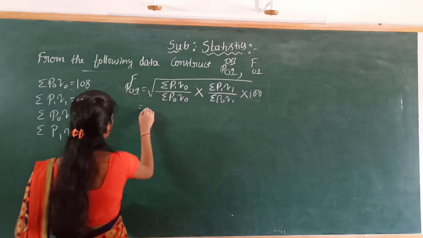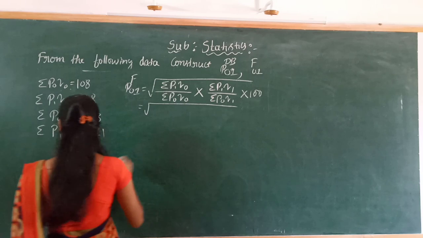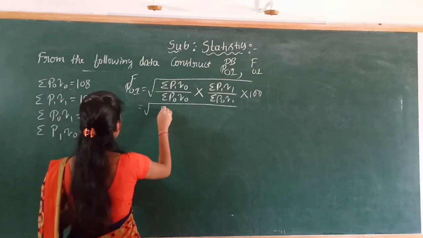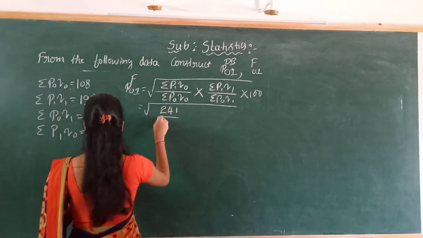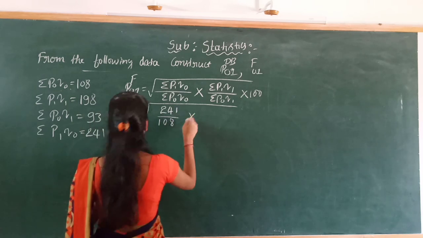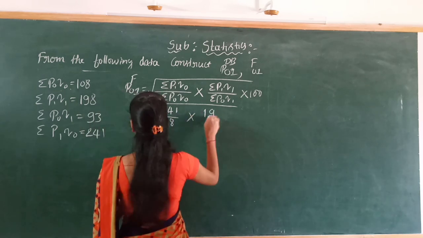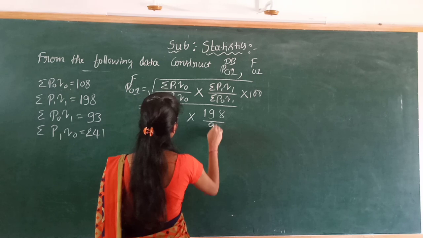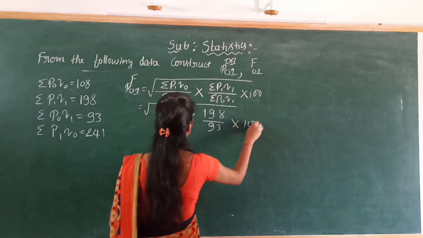So write the values: P1 Q0 value, that is 241 divided by 108, into 198 divided by 93, into 100.